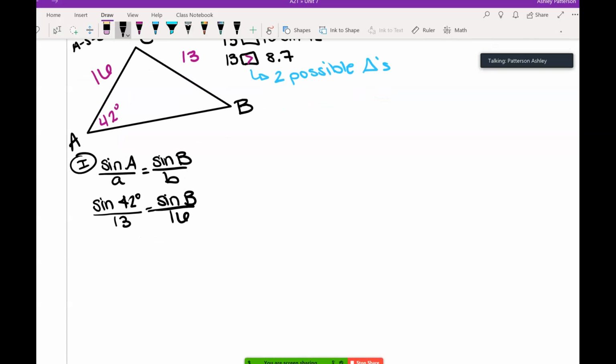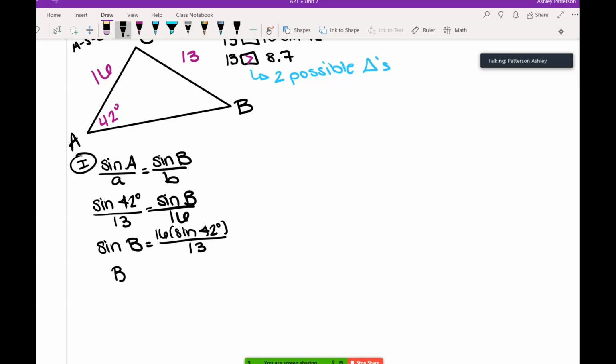And then, in this case, we don't actually need to do the entire cross multiplication. I'm going to multiply 16 to both sides. So we get the sine of B is equal to 16 times the sine of 42 degrees all over 13.